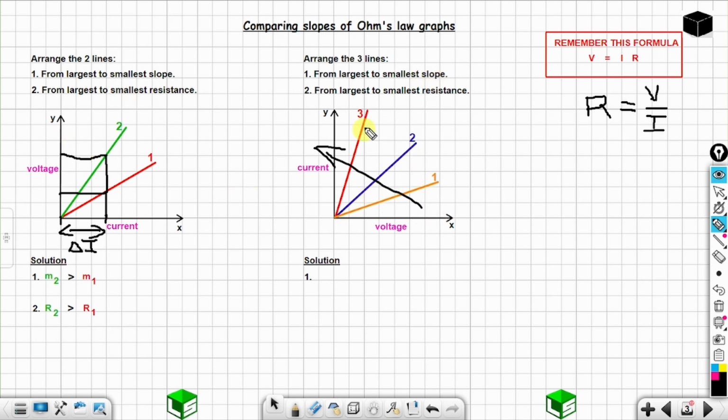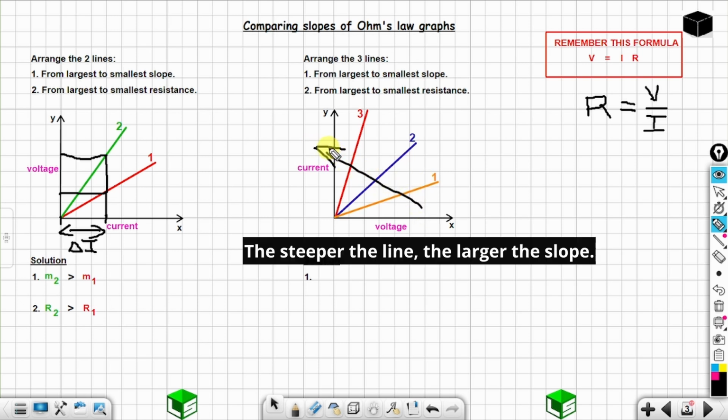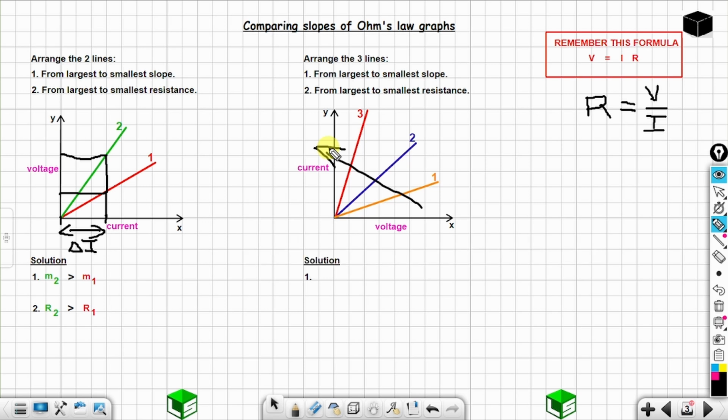The steeper the line, the larger the slope. So the slope of line number 3 is greater than the slope of line number 2, greater than the slope of line number 1, from largest to smallest slope.